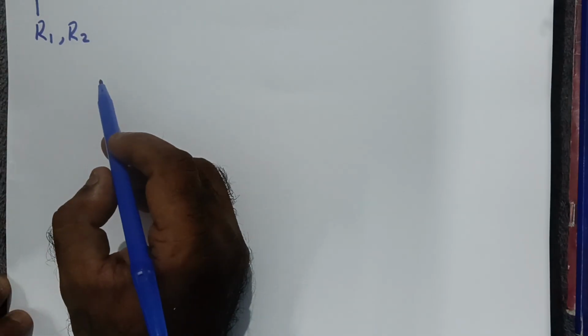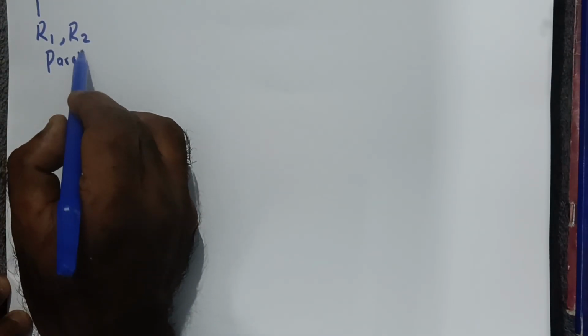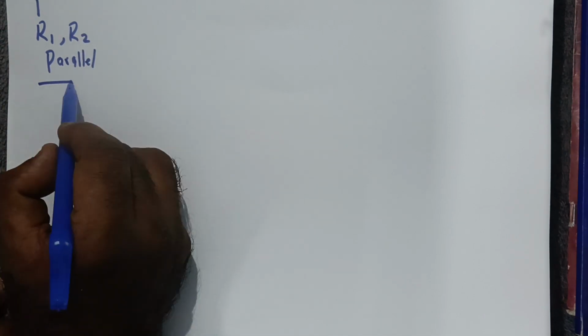Two resistors. Okay, shall I write here? R1 and R2. We have two resistors whose resistance are R1 and R2. Now when connected in parallel, we know this equation.